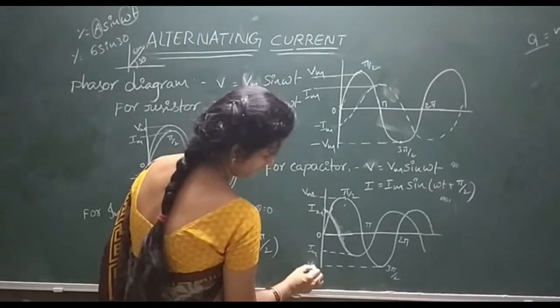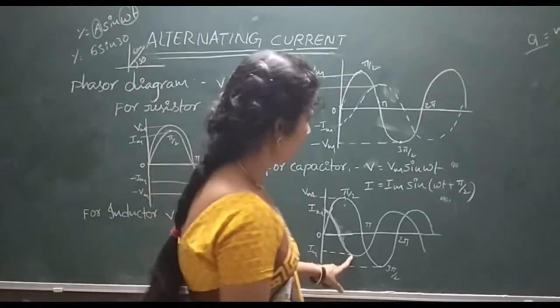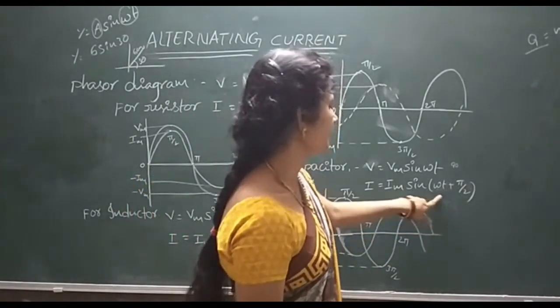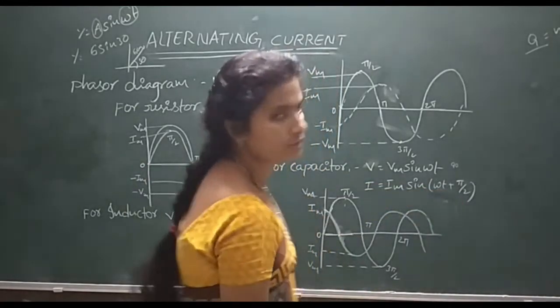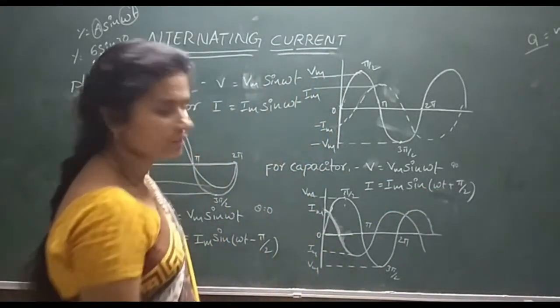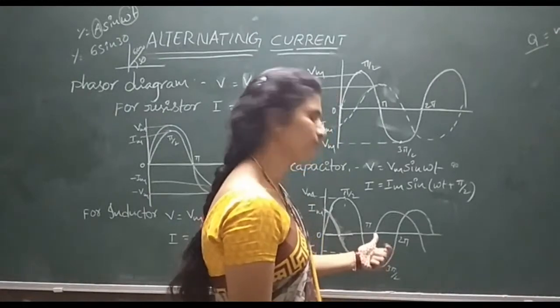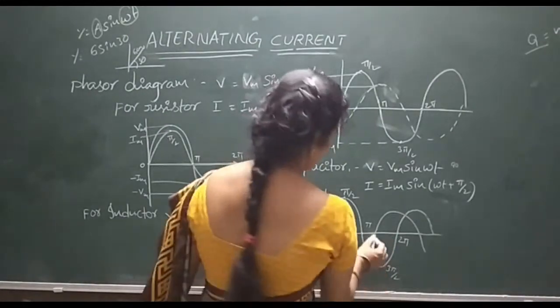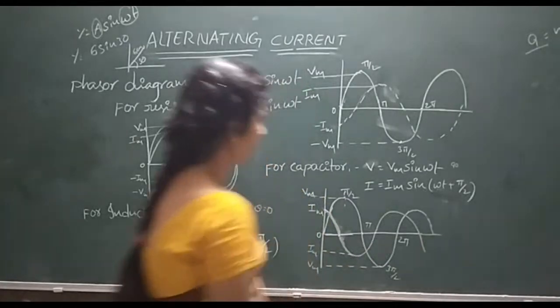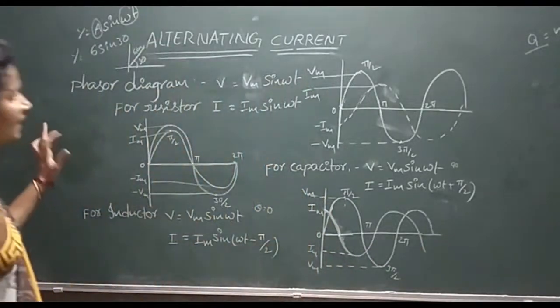After that, if theta is 270 plus 90, that is 360, and sin 360 is nothing but 0. So that's why here. So these are the phasor diagrams.